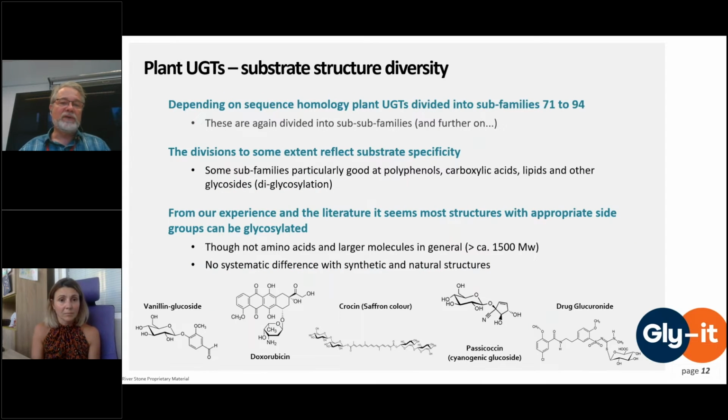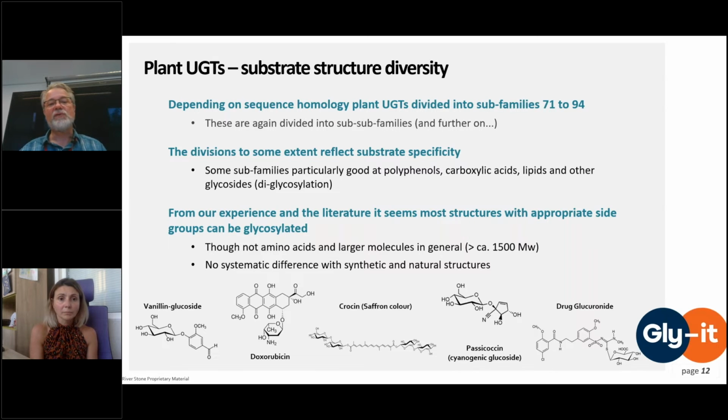So let's talk a little bit about the substrate structure diversity of plant UDTs. Depending on the sequence homology, plant UDTs are divided into subfamilies. We named them 71 to 94, and there are even a few further now because this was not enough in the end. And these are again divided into subfamilies and further on.